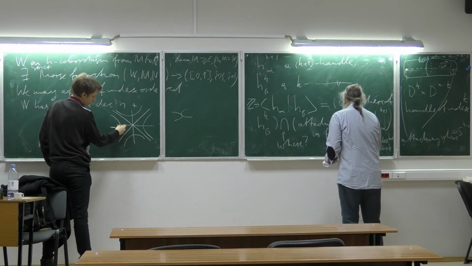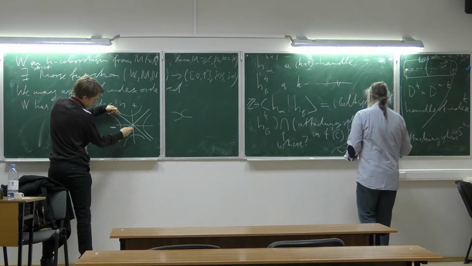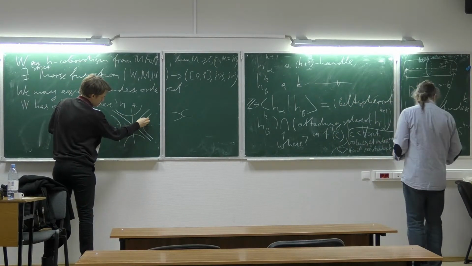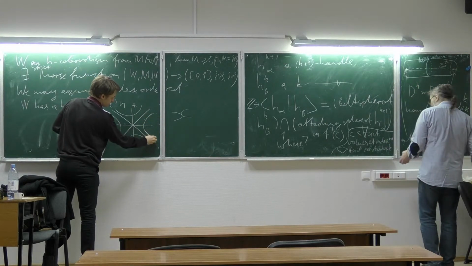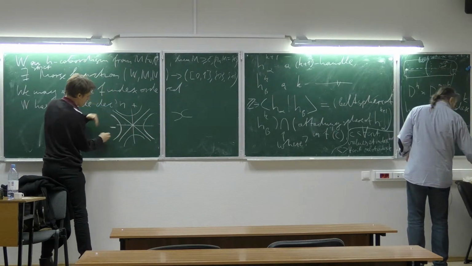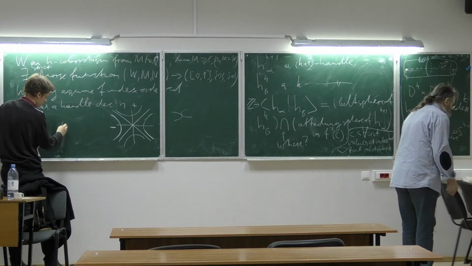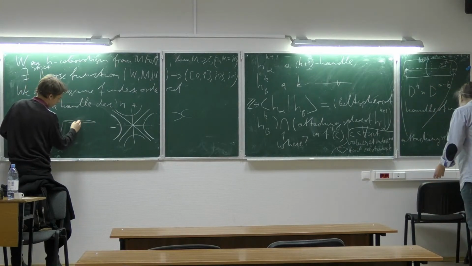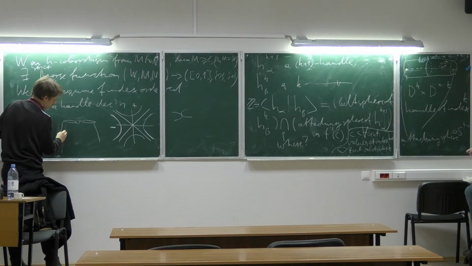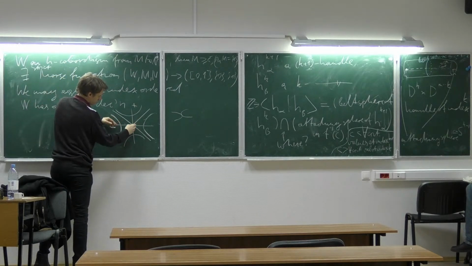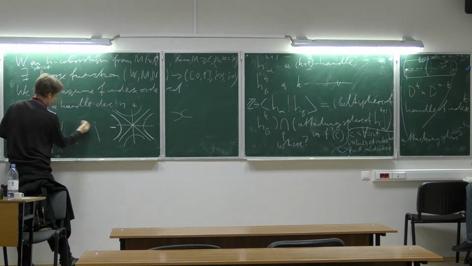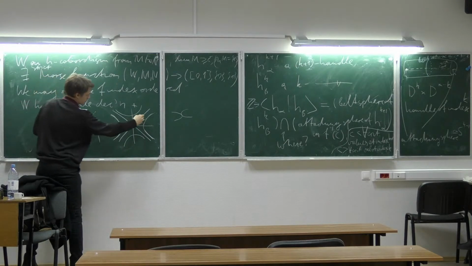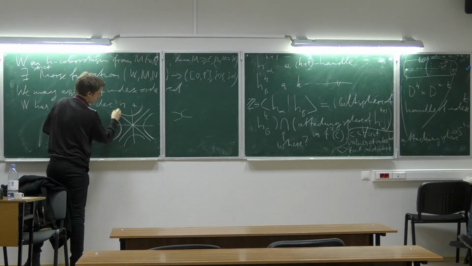And when you are attaching a handle, this is a critical level set of the local part of your variety. And this is just the singular point, and this is an upper part.